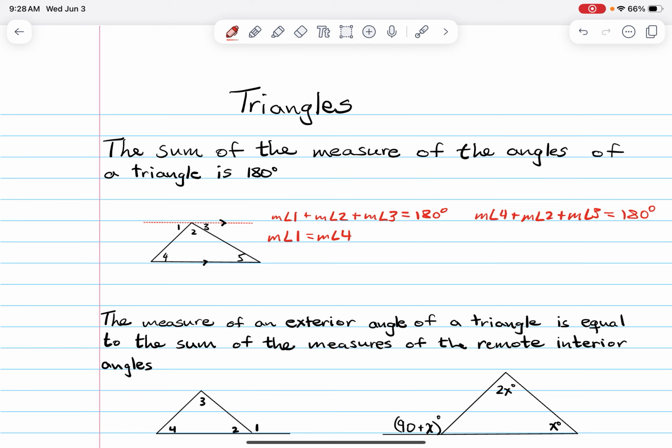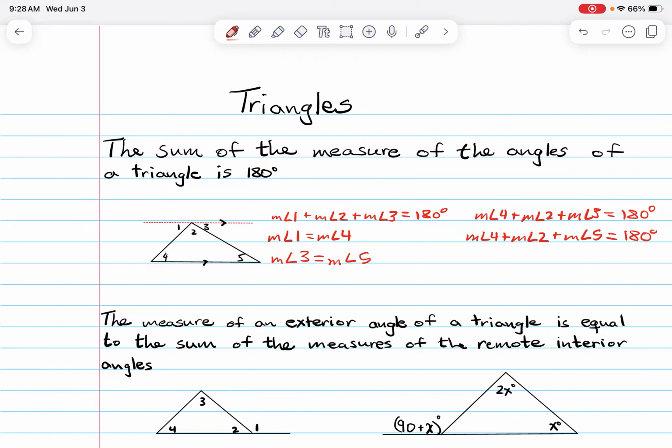Now, by the same reasoning, we know that the measure of angle 3 is equal to the measure of angle 5. So now let me rewrite this. So now we've got the measure of angle 4 plus the measure of angle 2. And instead of the measure of angle 3, I'll write the measure of angle 5.